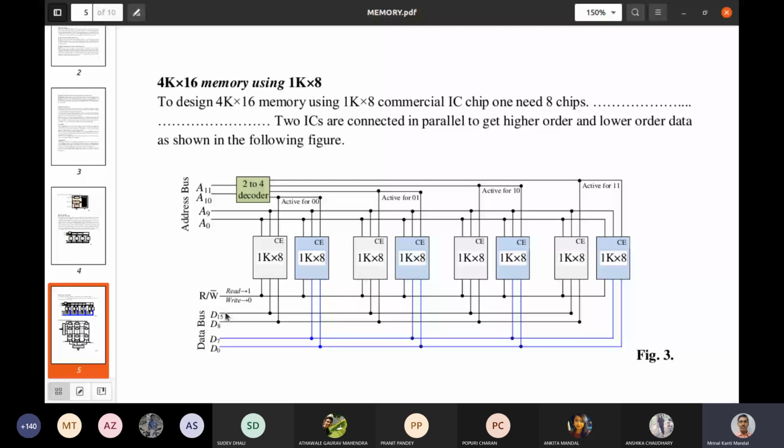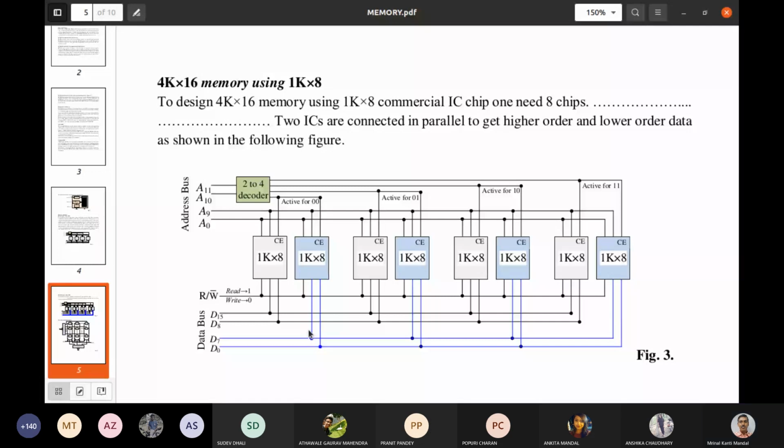So if it is 64-bit data, then you can expand the memory in this way, by considering the parallel combination. This is 16, then 4 or 8 different ICs can be connected in parallel to get the data. Right? In this way, you can increase the data length.